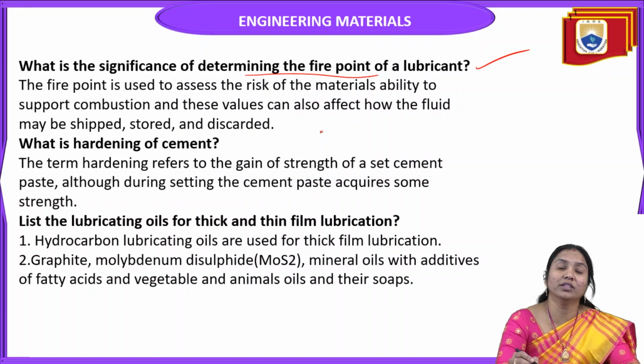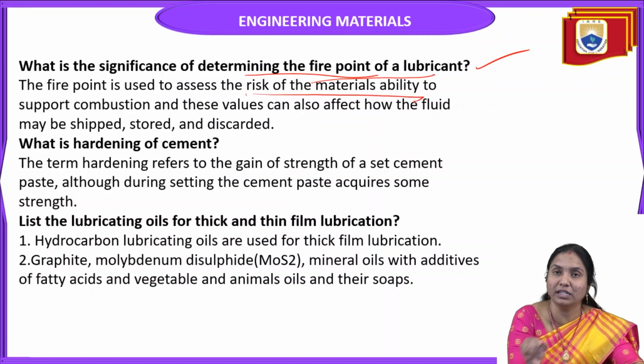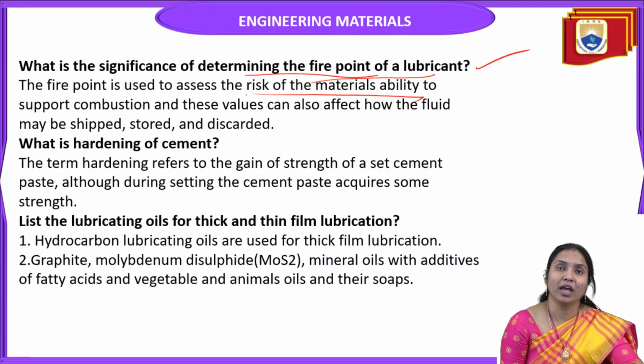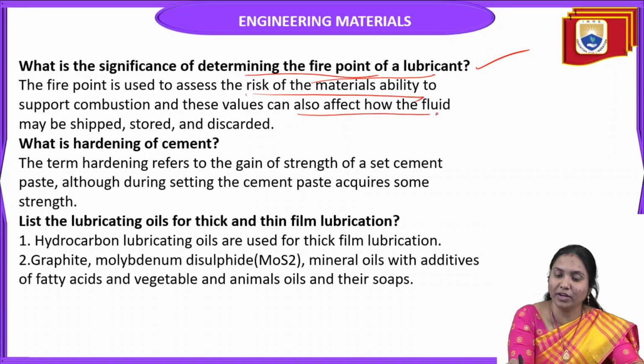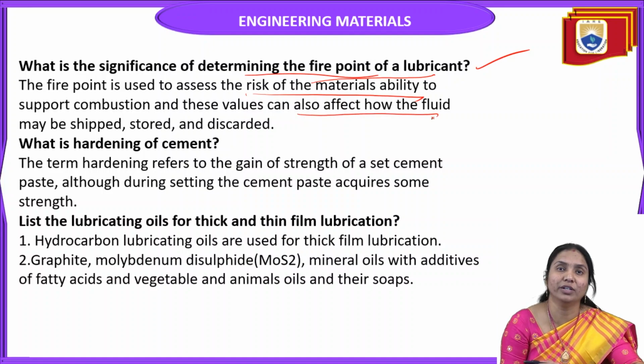So what is the significance of determining the fire point of a lubricant? The fire point is used to assess the risk of the material's ability to support combustion. These values can also affect how the fluid may be shipped, stored and discarded.